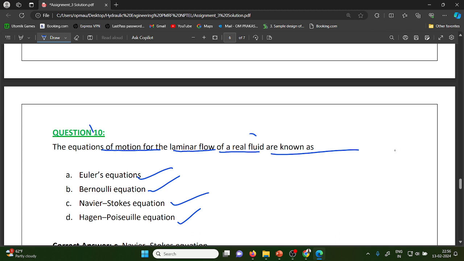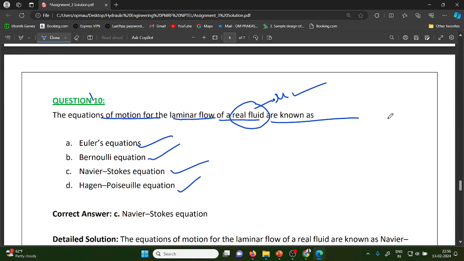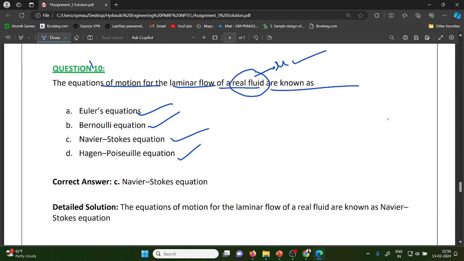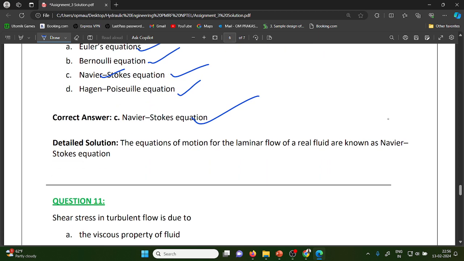Here we are talking about real fluid, that is, where viscosity is considered. Try to think. That is your Navier-Stokes equation. So option C is correct for that. Now moving ahead, question number 11.